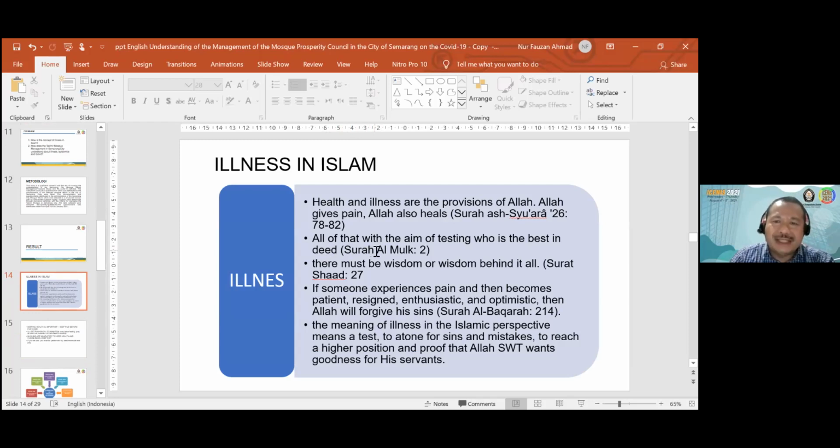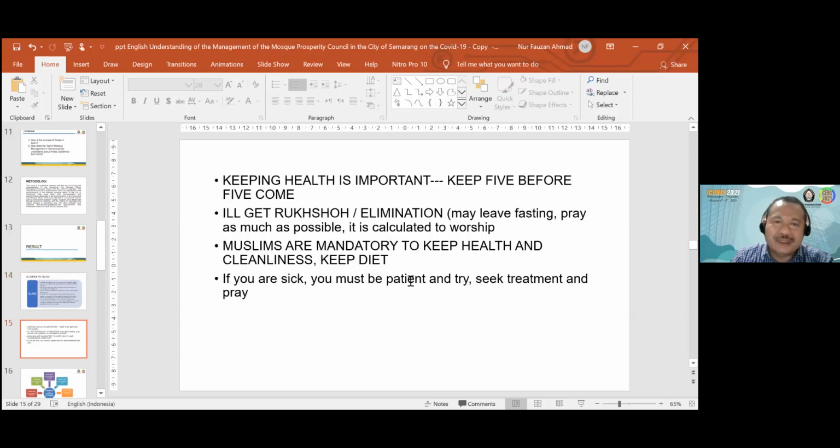The aim is testing who is the best indeed. There must be wisdom behind it all. And you can read in Surah Al-Baqarah that the meaning of illness in the Islamic perspective is to test, to atone for sins and mistakes, to reach a higher position, and to prove that Allah subhanahu wa ta'ala wants goodness for His servants.